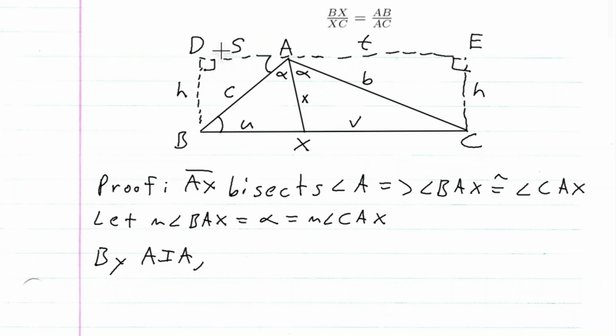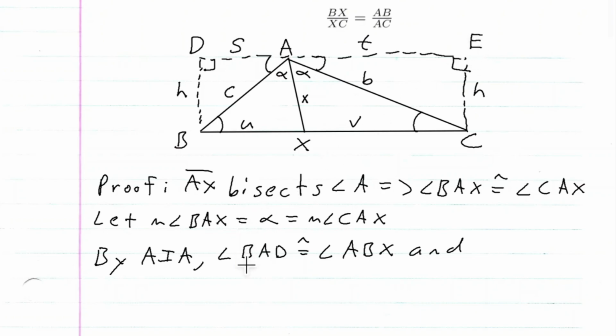So by AIA, angle BAD is congruent to angle ABX, right? And over here, this guy is congruent to this guy by AIA as well.